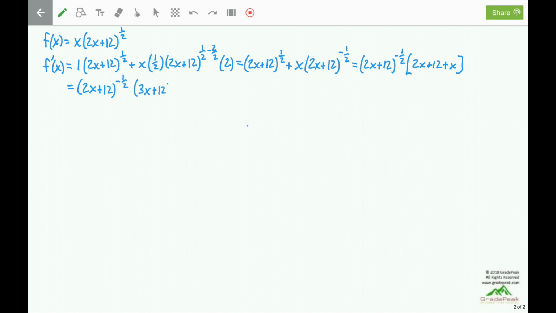And there is a plus 12. We want all powers in the first derivative to be positive, so we will move the 2x plus 12 to the negative 1/2 to the denominator. The 3x plus 12 will stay in the numerator. And we will have a 2x plus 12 in the denominator as a positive 1/2 power.